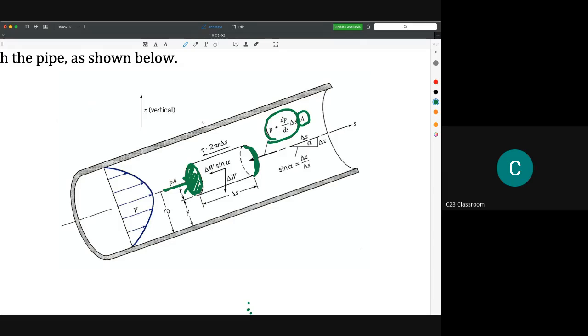Why do we use the differential symbol here? Because if there is a change in pressure, whether it increases or decreases, we can write it as dP/ds, meaning the change of pressure along the s direction. This is the s direction.